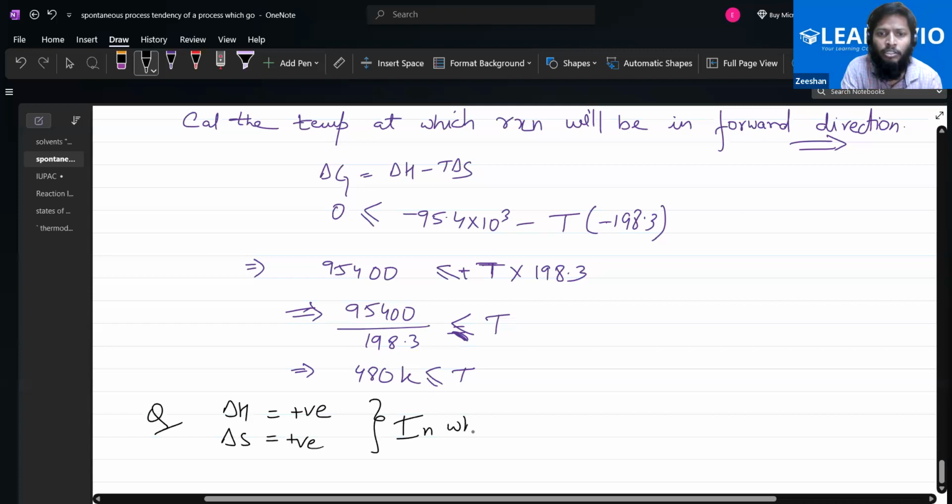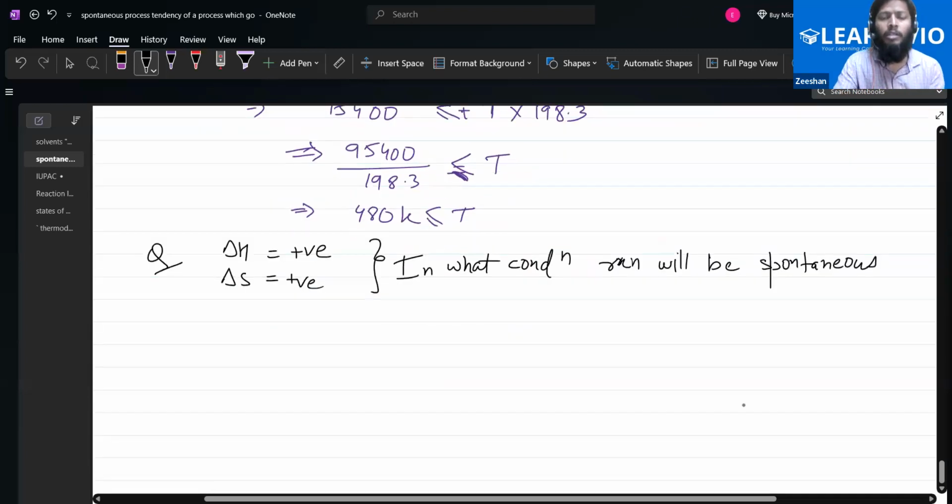In what condition will the reaction be spontaneous? Can anybody comment?